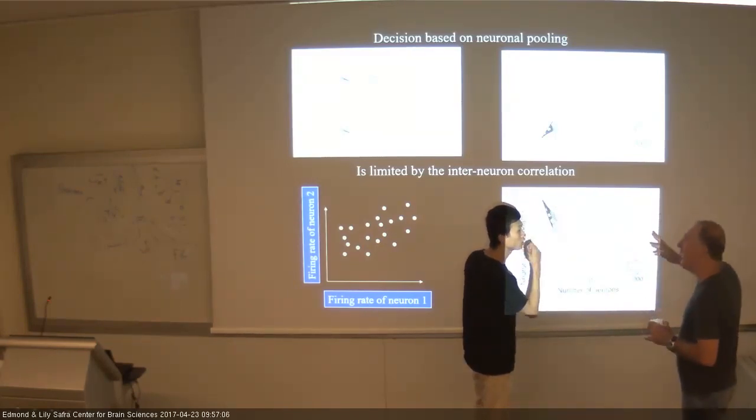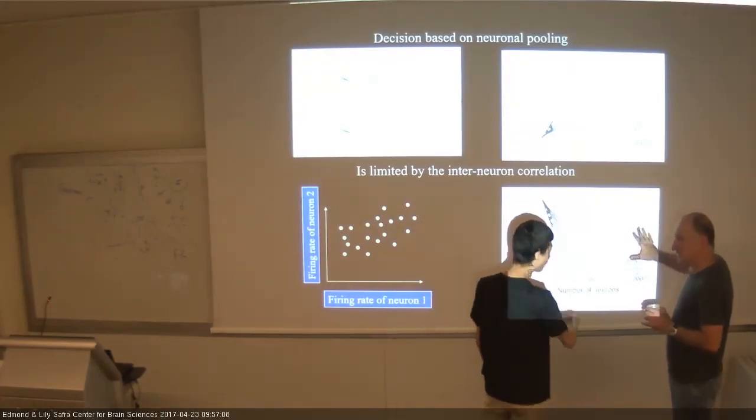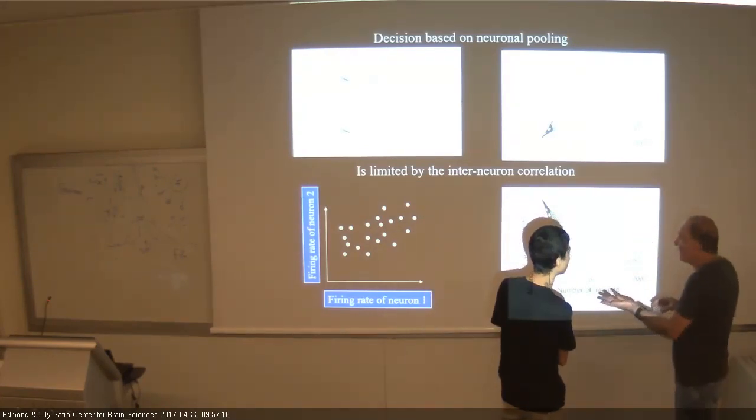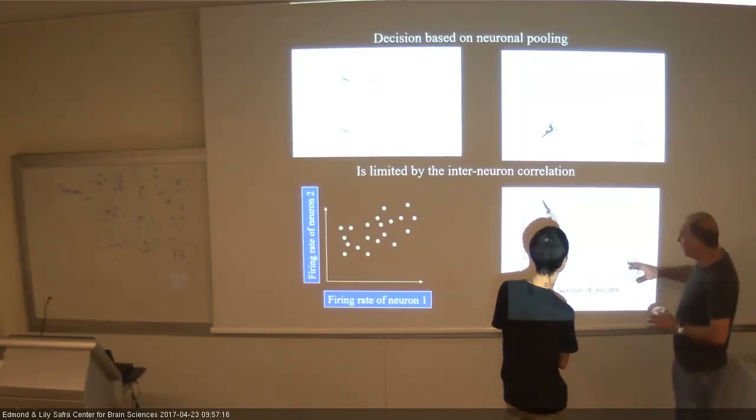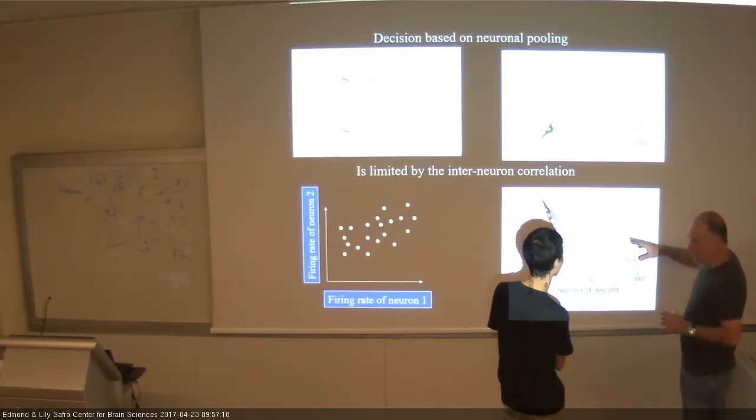It's not a simulation, it's sort of analytical. Analytical, but it's not data. We don't know how many neurons are used for the pool. You can look it up in the paper. I can give you the paper.